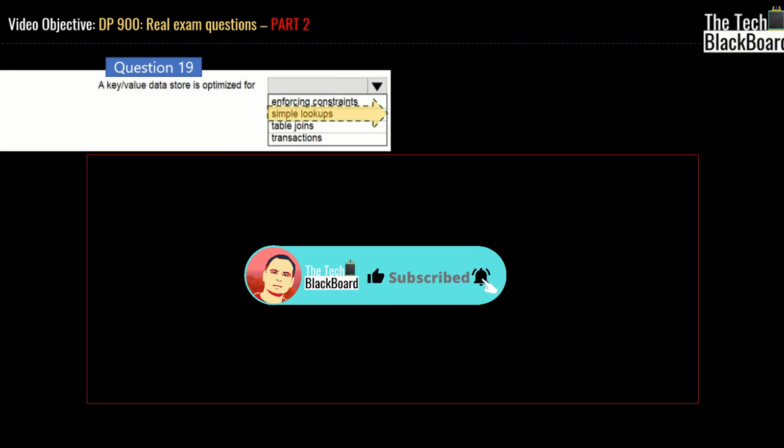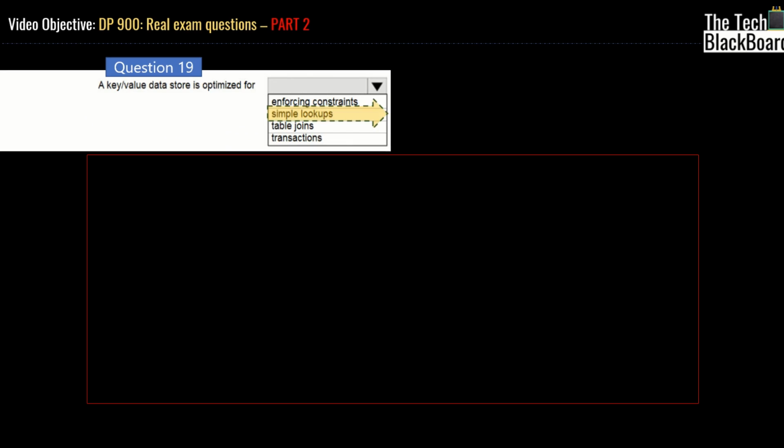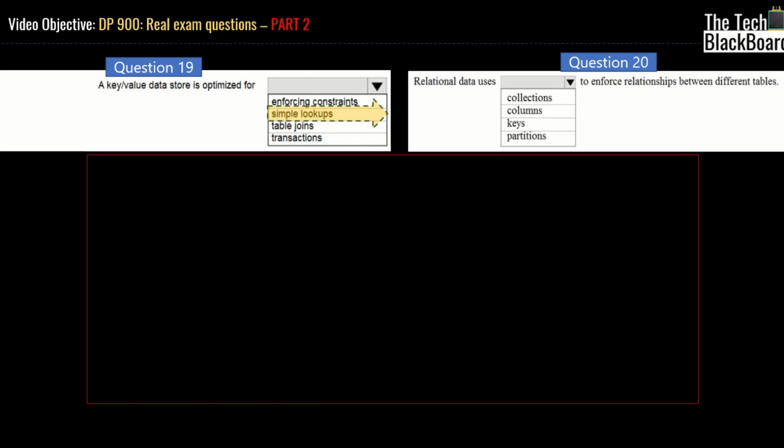Okay, moving on to our question number 20. Our question number 20 says that relational data uses dash to enforce relationship between different tables. We have already talked about relational databases in our previous slides and videos. So how do relational databases maintain data? They maintain data in terms of tables.